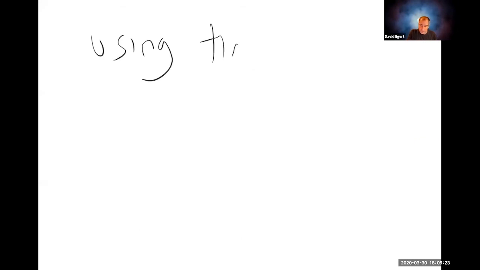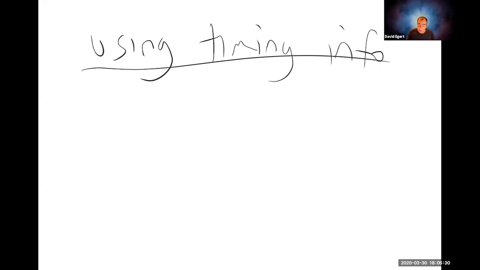And the last part here, using timing information to detect signal from noise. All right, so this you have actually seen in lab. So here's you with your ears. And here's just kind of space.